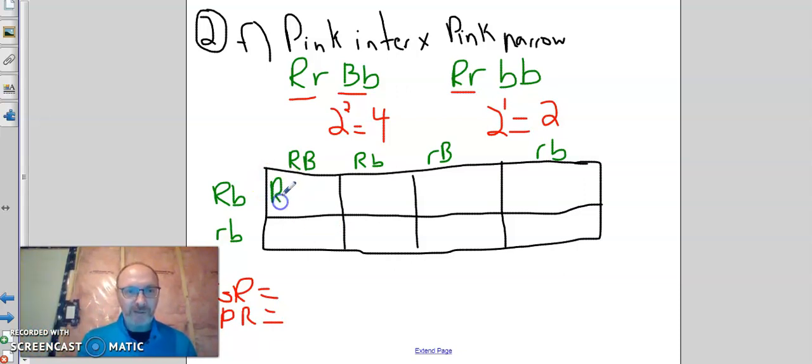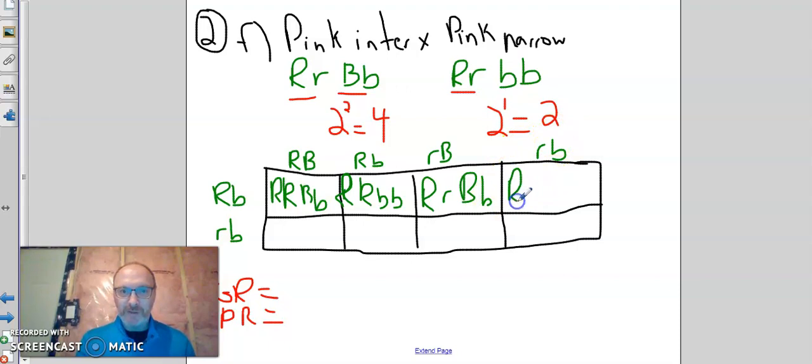So this is big R, big B, little b, big R, big R, little b, and then big R, big B, little b. Again, just bringing letters down from the top and the side.